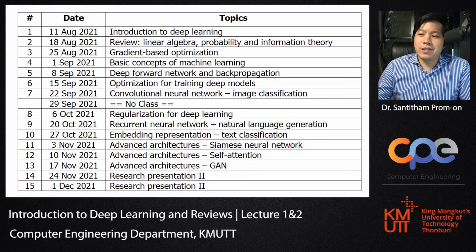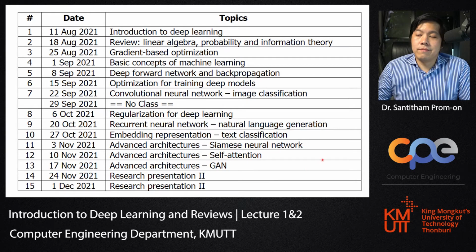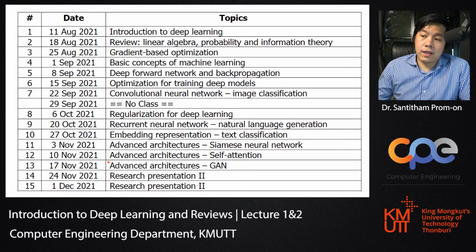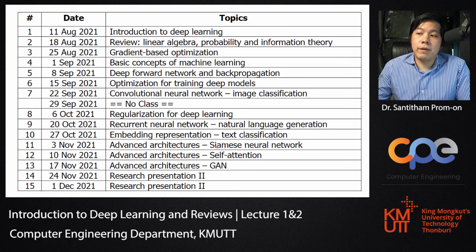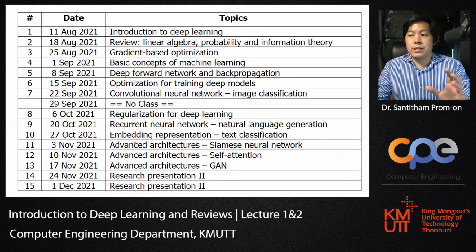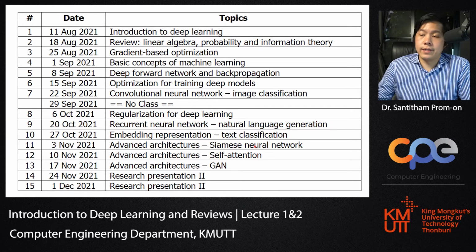These are usually changed year by year. In the past years, I covered something like autoencoders, and I don't remember what else. But because we can talk about autoencoders in the embedding representation as well, I compressed it a bit to cover something else, like one-shot learning, self-attention and GAN.